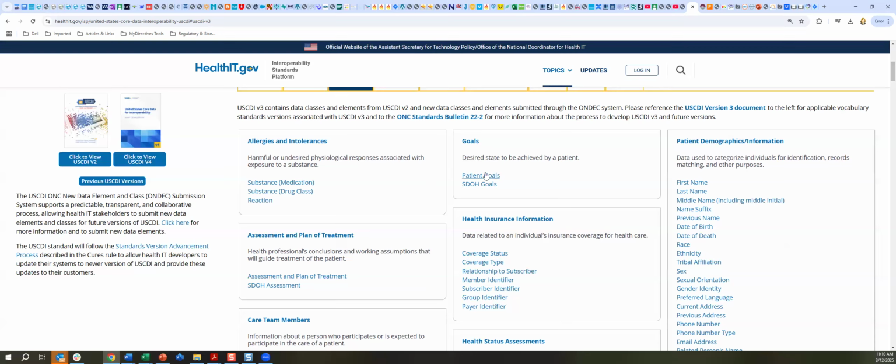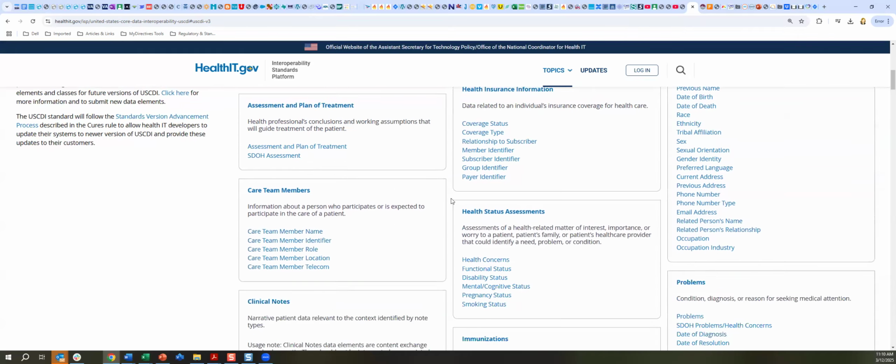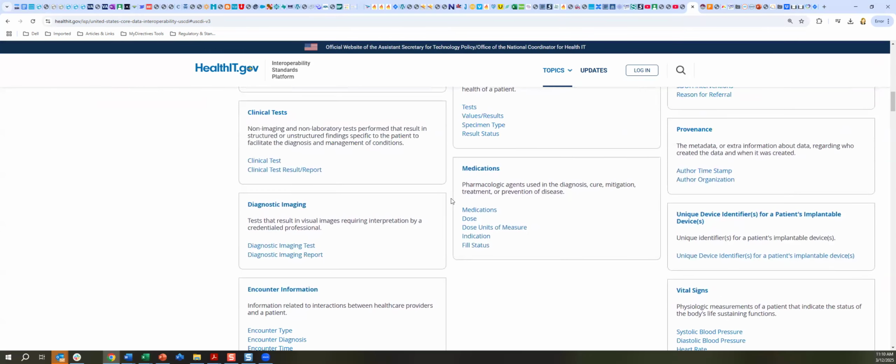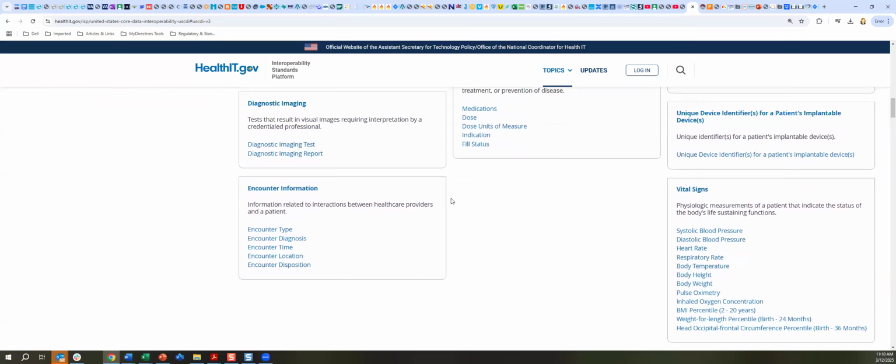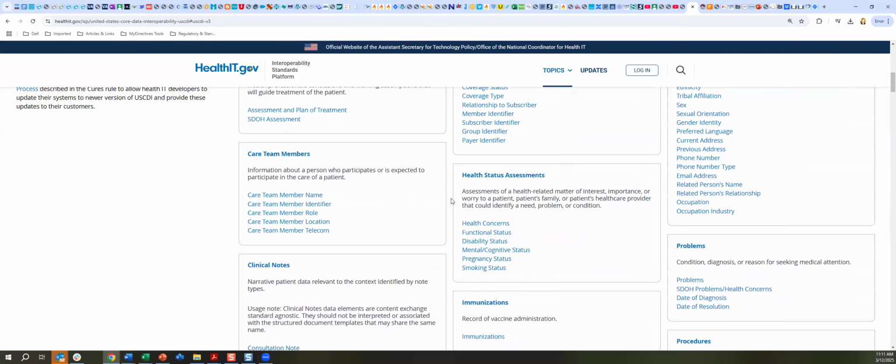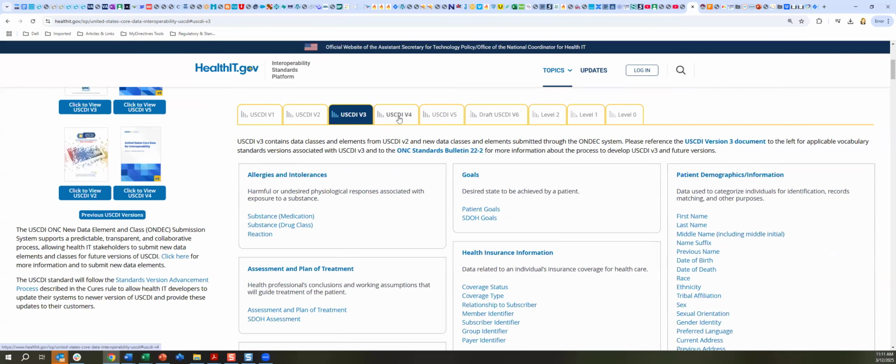Let's make sure, just using patient goals as an example, that everything that's documented has been properly categorized as a patient goal. And then when the due date hits, we're going to be able to be conformant with those regulations and make that information available.